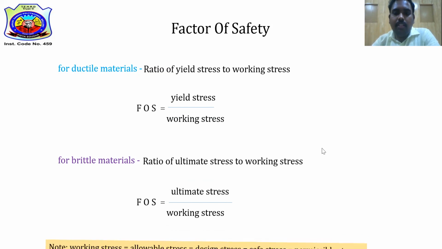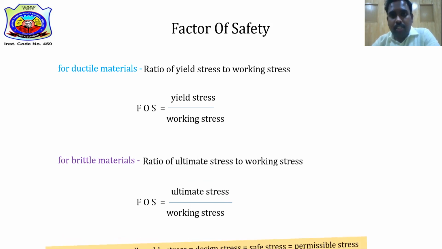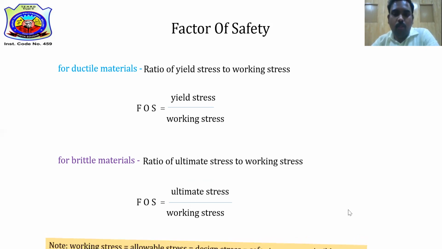It is important to note, students, that working stress, allowable stress, permissible stress, safe stress and design stress are all the same. So there is no need to get confused. This is about the factor of safety.